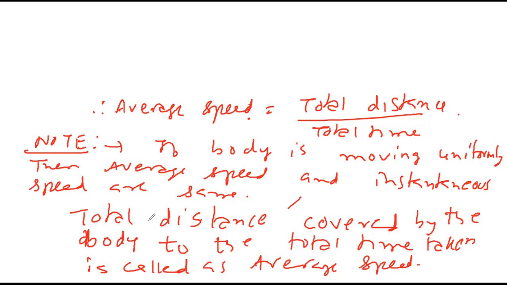Yes, sir. Done. Okay. Now I'm doing numericals from your textbook. So if you have textbook, please keep it open. First numerical. The speed of car is 72 kilometer per hour. Express it in meter per second.